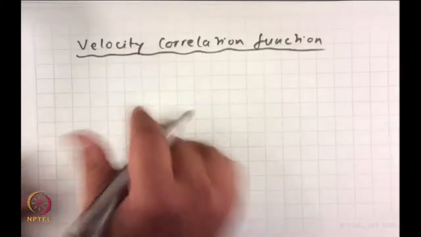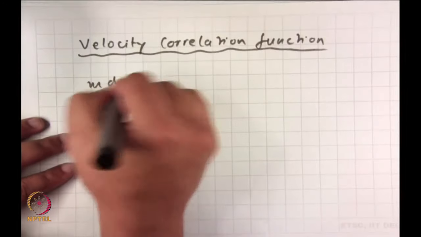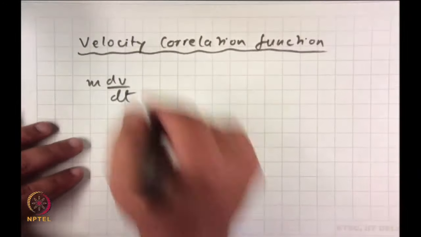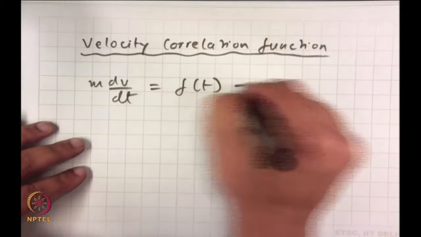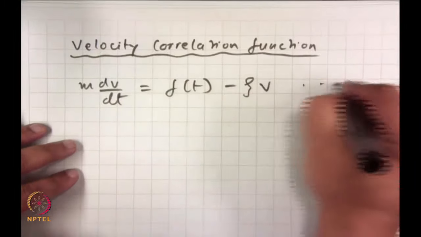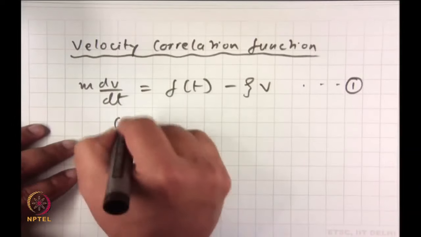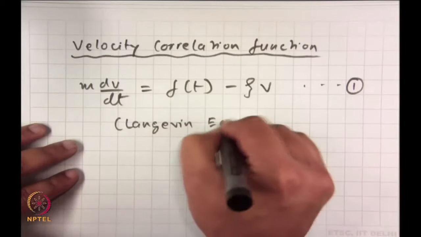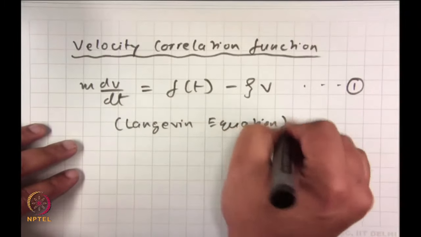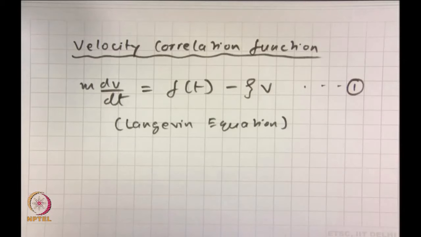We will start with the Langevin equation, m dv/dt is equal to f of t minus v. Let this be 1 and this was your Langevin equation. See, this equation was absolutely logical.